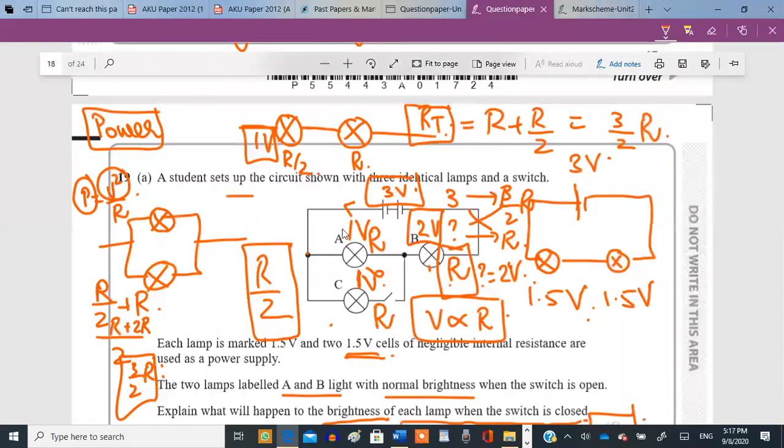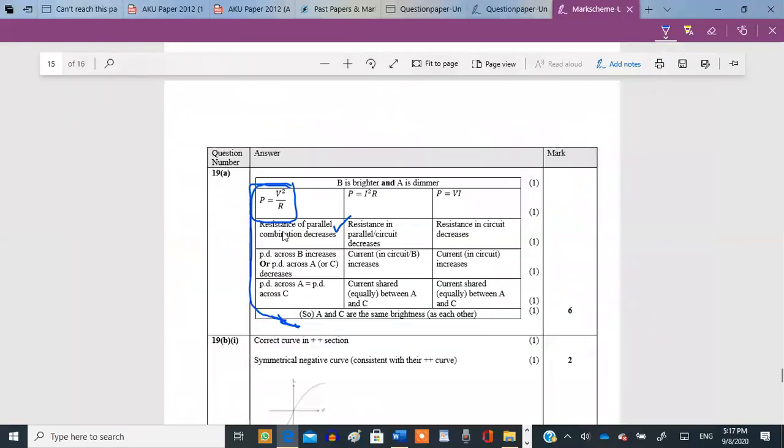Why does it decrease? Because when you add them in parallel, their initial resistance was R and R, right? But their total turned out to be R upon 2, which is actually half of their resistance. So that's why in parallel, the total resistance of the parallel combination decreases. This is what they mean by the second point. Get it? So you have to mention this point as well.